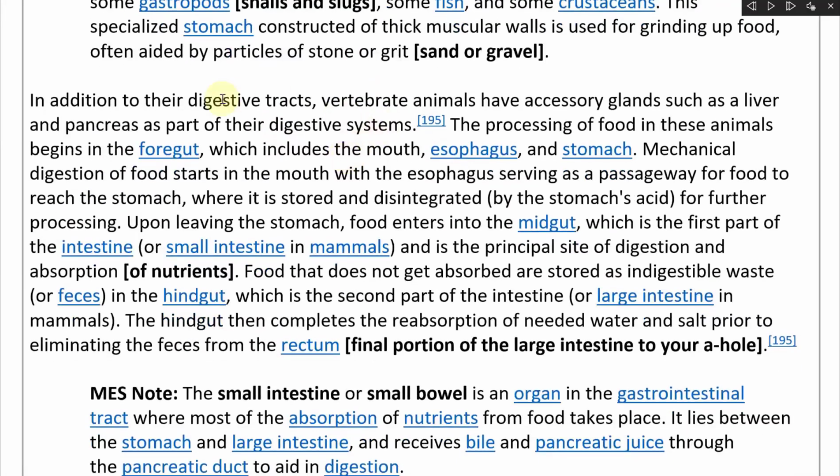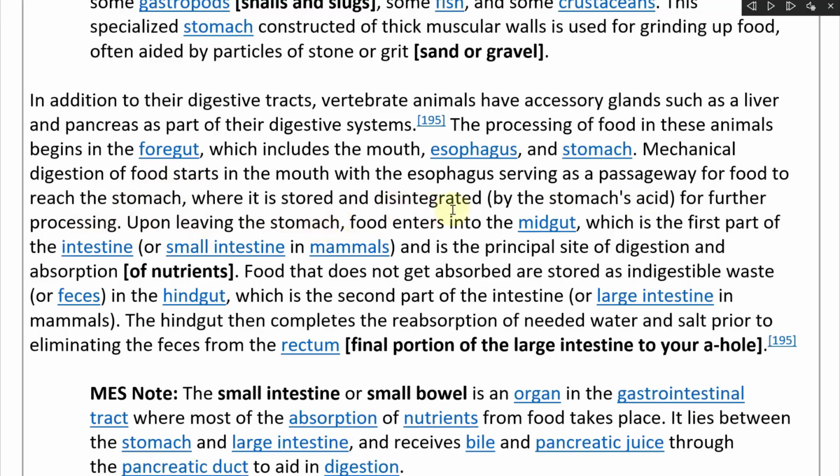So in addition to their digestive tract, vertebrate animals have accessory glands such as a liver and pancreas as part of their digestive systems. The processing of food in these animals begins in the foregut, or the front gut, which includes the mouth, esophagus, and stomach. Mechanical digestion of food starts in the mouth, with the esophagus serving as a passageway for food to reach the stomach, where it is stored and disintegrated by stomach acid for further processing.